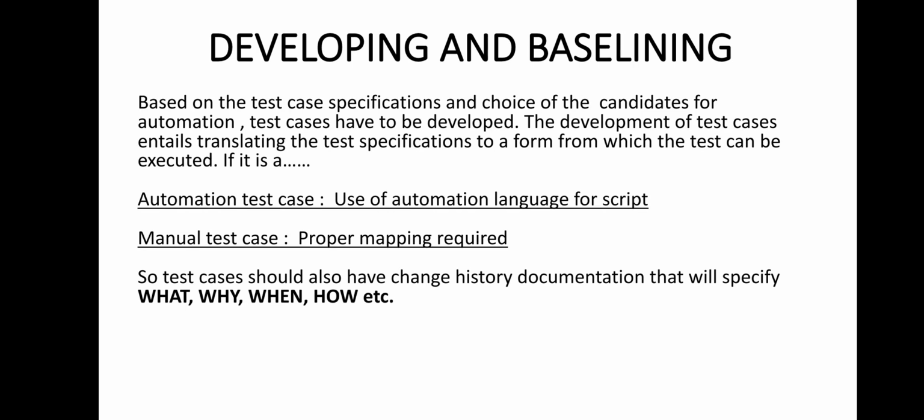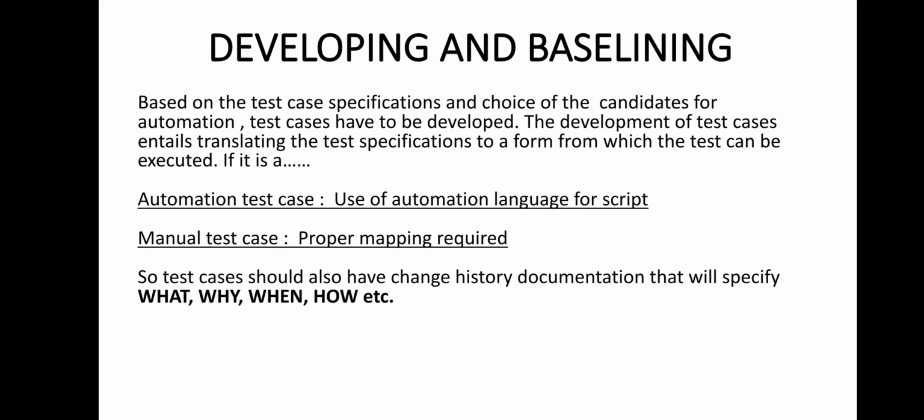In case of automated test cases, we have to use the automation language or any script. Okay, so basically here we have to maintain a history which is known as change history documentation that will specify what to test, why the change was necessary, who made the change, when was the change made.